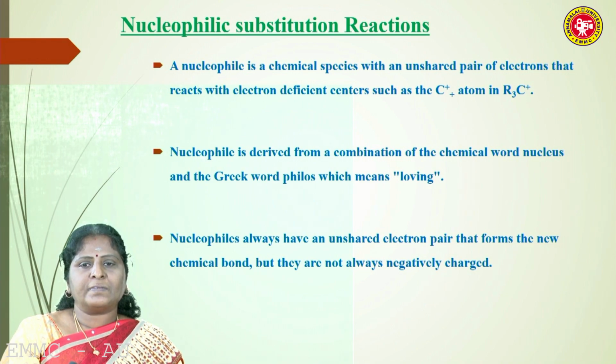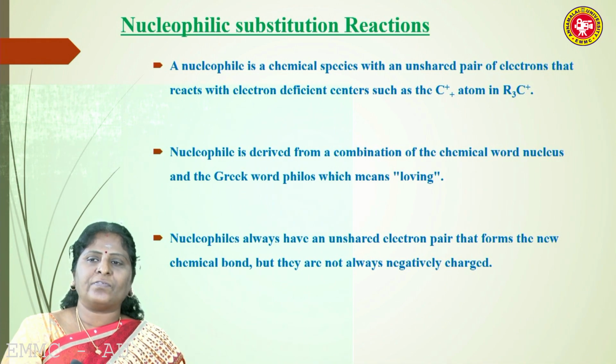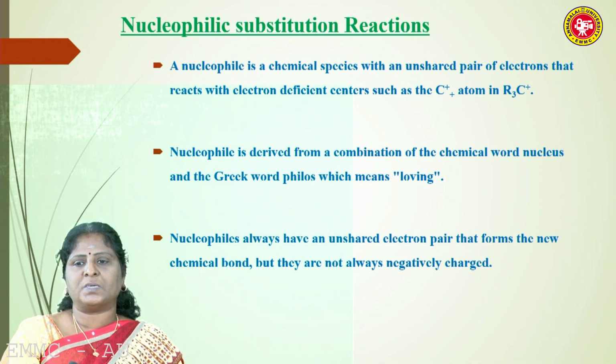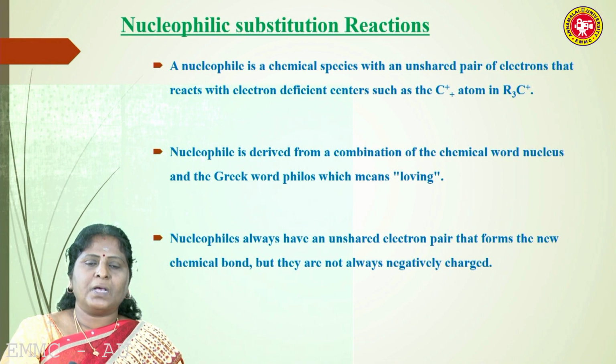Now, the nucleophilic substitution reactions. A nucleophile is a chemical species with an unshared pair of electrons. That means any species with an excess of electrons, an electron richer species, is called a nucleophile. The term philic is a Greek word meaning loving. So nucleophile means a nucleus loving or nucleus seeking species.